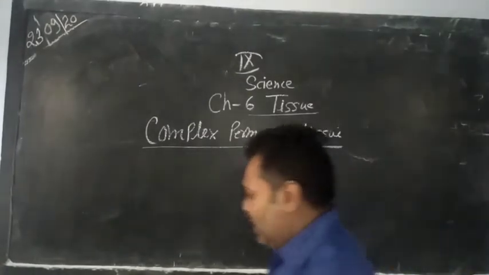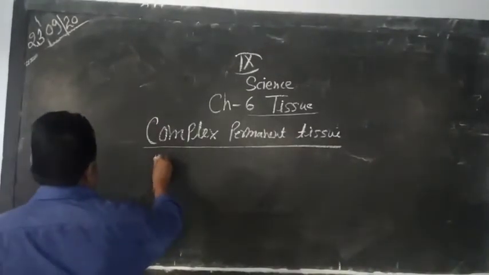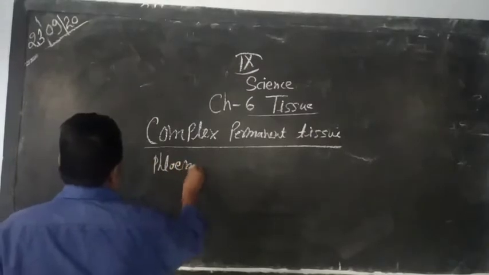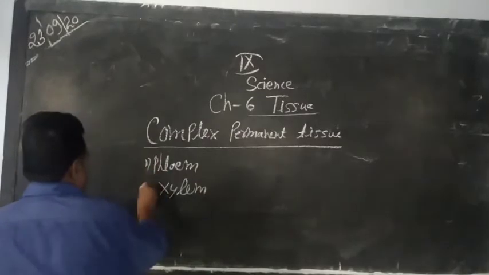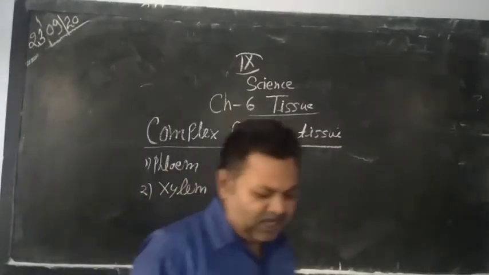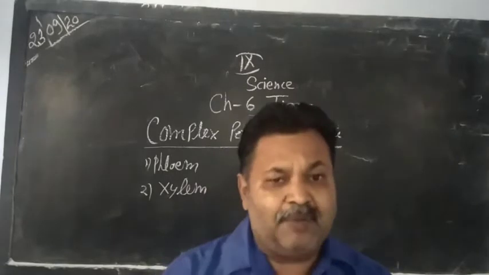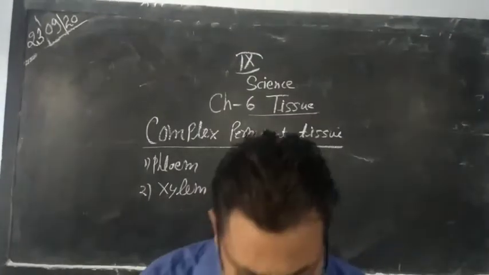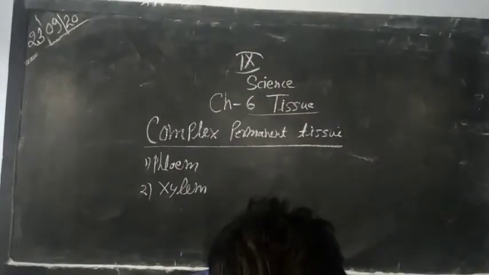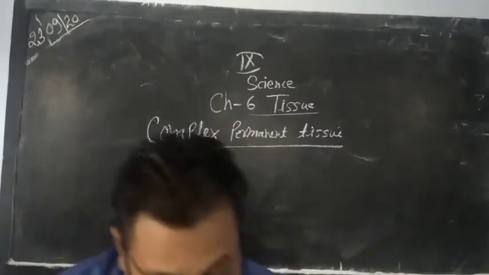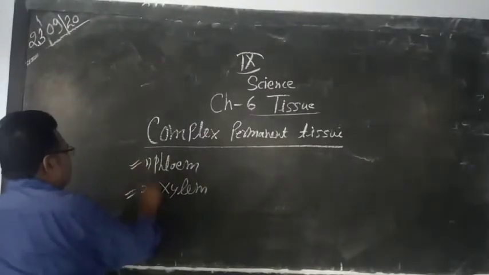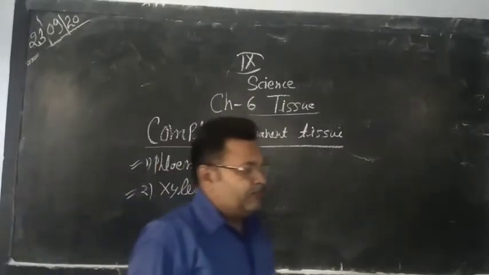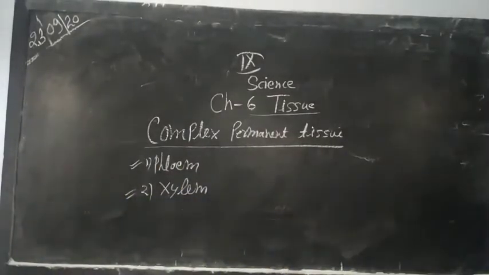Complex permanent tissues are of two types. First one is phloem and second one is xylem. So phloem and xylem are the examples of complex permanent tissues. Now, function of phloem and xylem. Phloem are conducting tissues.